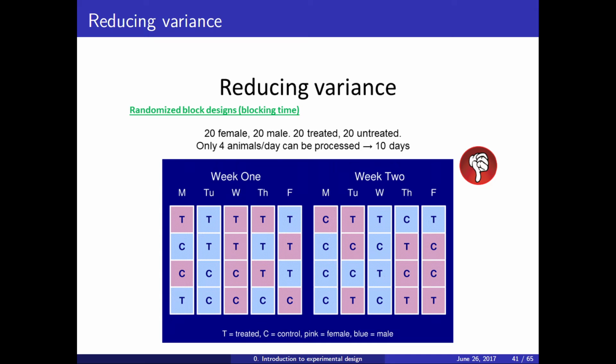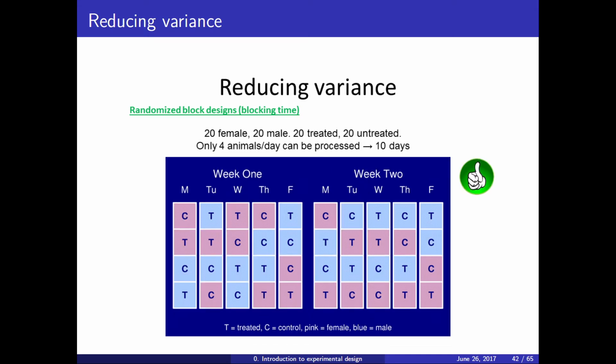So a much better design is one in which every day you have two controls, two treatments, and two males, two females, and they are intermixed. So you have a female control and a male control, a female treatment and a male treatment, and within the days, which are blocks, you have randomized your treatment order.